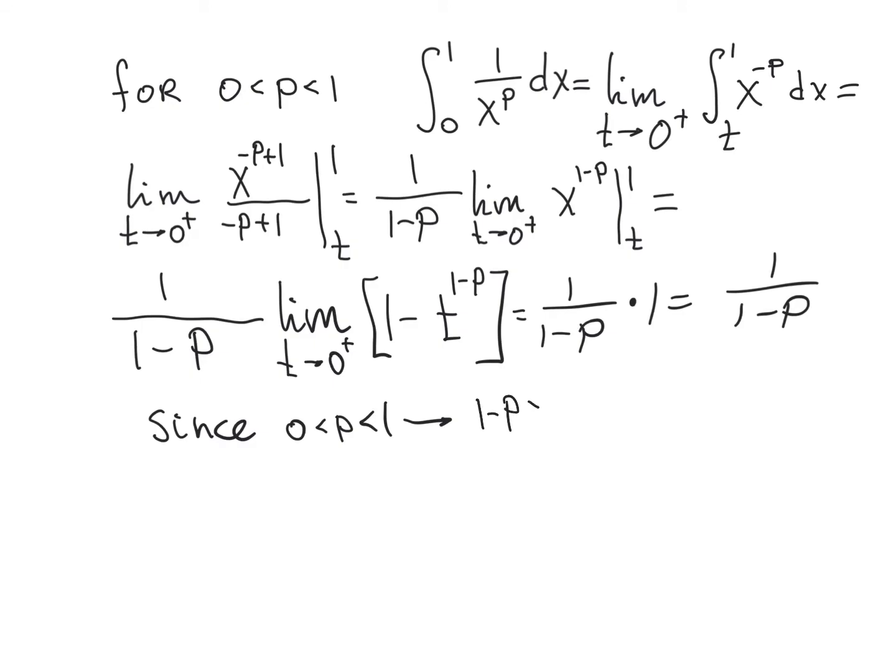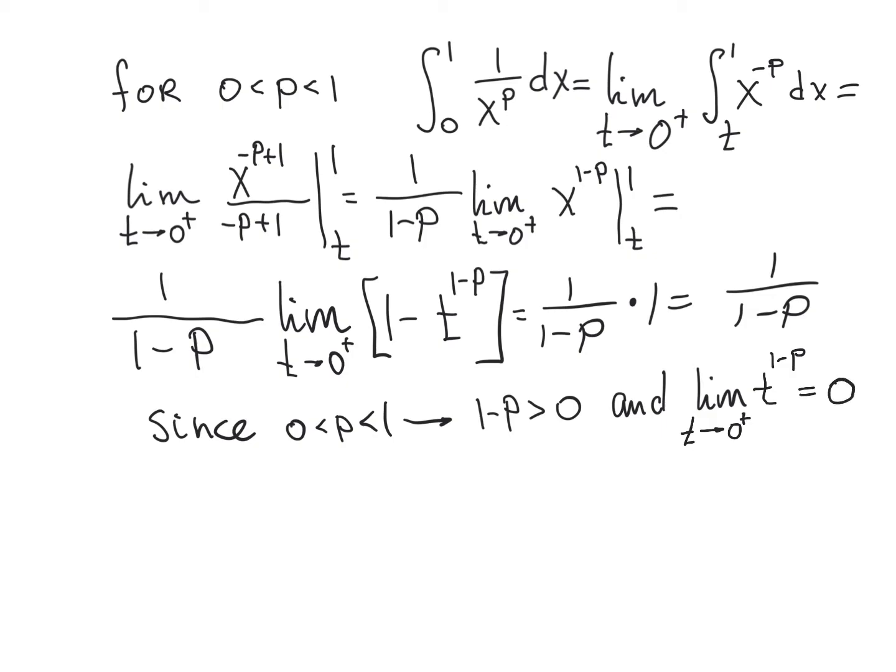And that means that t to the 1 minus p is t raised to a positive power. That means the limit as t approaches 0 from the right of t to the 1 minus p is going to be 0.